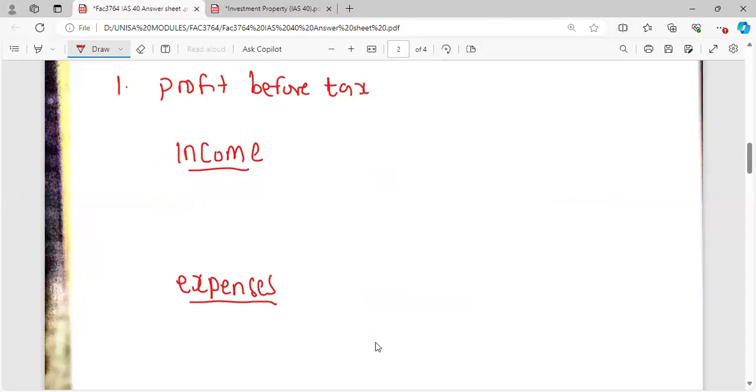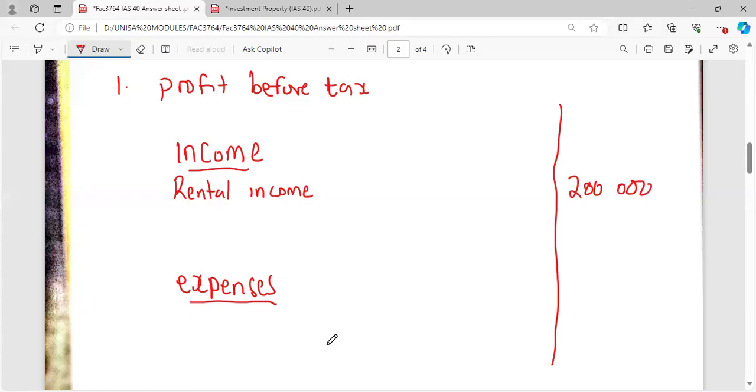Okay, so under income, we're going to have rental. You don't even have to adjust the profit given. You just disclose the effect of the information provided in the profit and loss. So this one is going to increase the income, right?